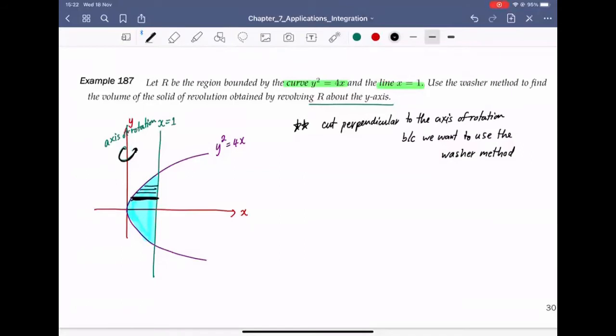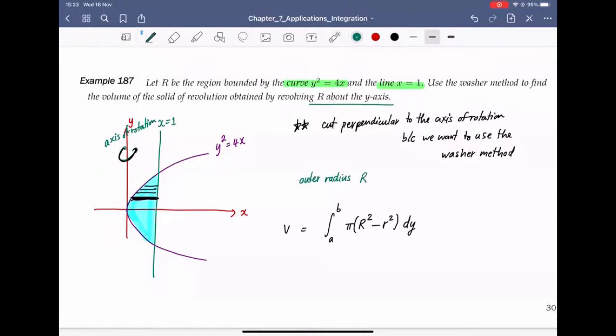The formula is V equal to the integral from something to something of pi times big R squared minus small r squared, dy. All right, this is the formula. So you have to figure out the outer radius and the inner radius.